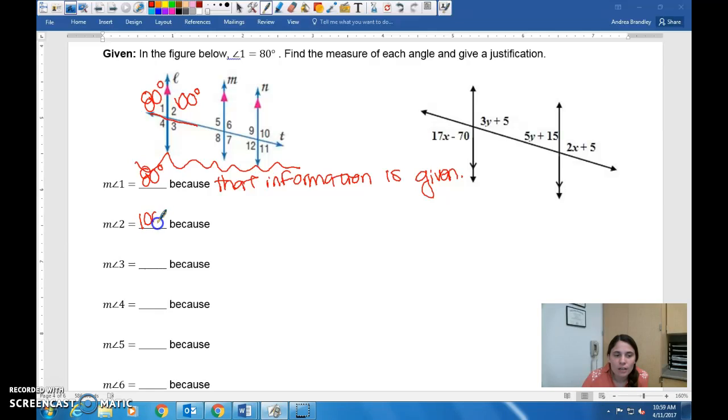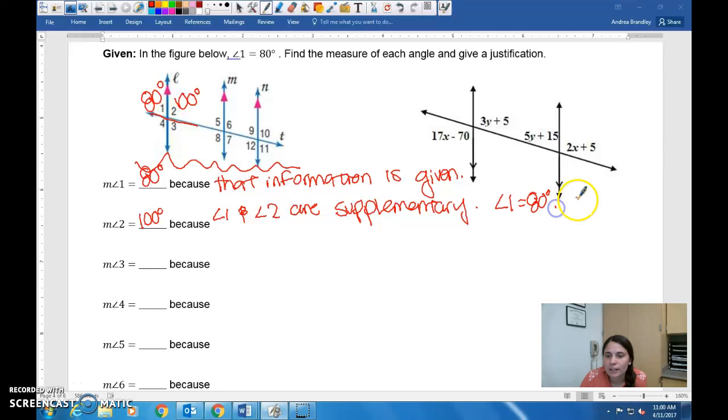So the measure of angle 2 is 100 degrees because angle 1 and angle 2 are supplementary. And from the step above, I know that angle 1 equals 80 degrees, and 180 minus 80 equals 100. So I'm basically just walking through my thought process of how I got to this final 100.